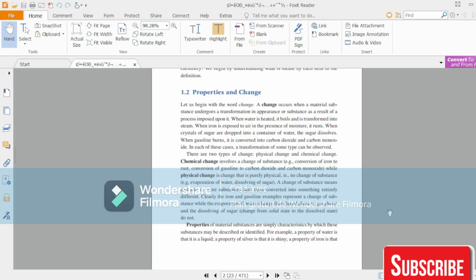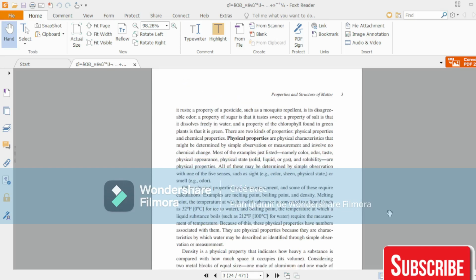The properties of material substance are simply characteristics by which the substance may be described or identified. For example, a property of water is that it is a liquid. A property of silver is that it is shiny. A property of iron is that it rusts.